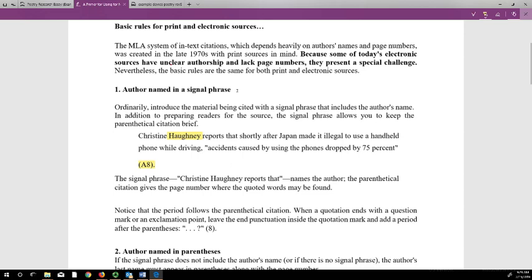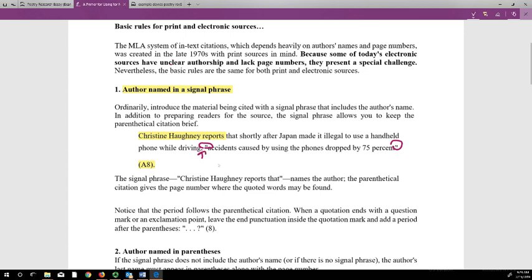And this is the most common way to do it, which is to name the author in a signal phrase. So you'll notice here what I've done is I've started a sentence and then listed the author's name, and this sentence leads us into the direct quote. So here I have the author's name and the quote.